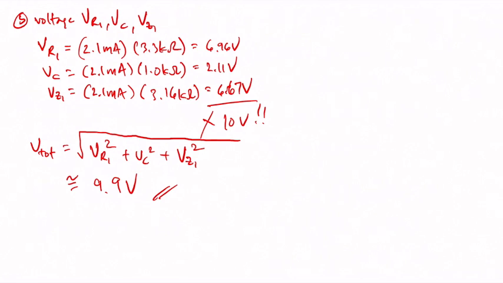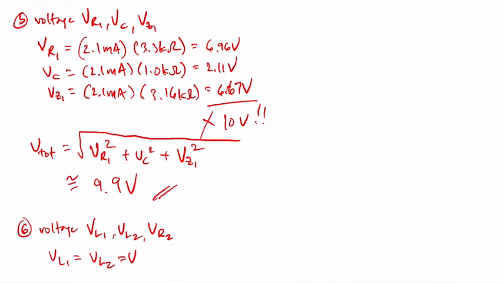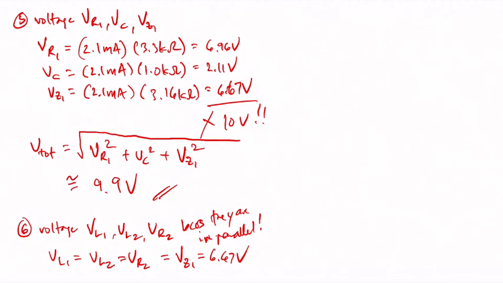In other words, the voltage across L1 is equal to the voltage across L2, and the voltage across R2 is equal to the voltage across Z1, which is 6.67 volts, because they are in parallel.